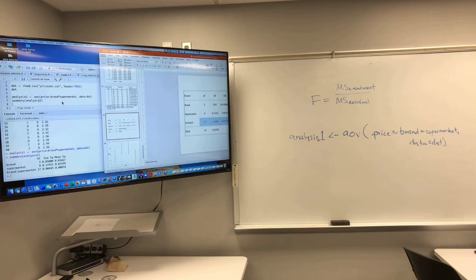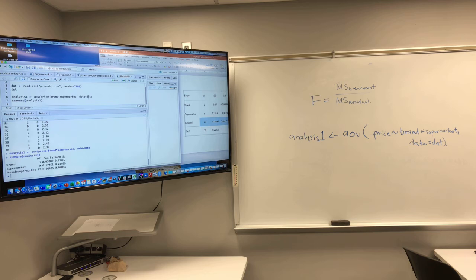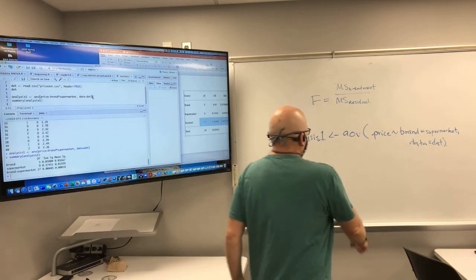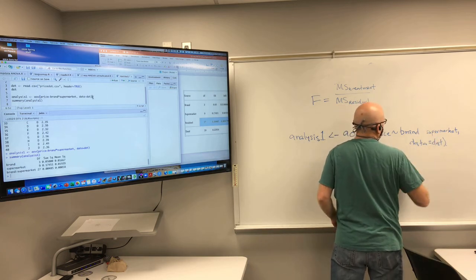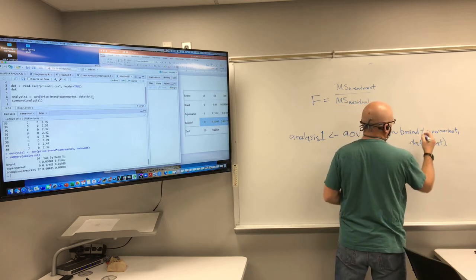So Chance, what are we going to change about this syntax to get it to give us a residual term? When we first did the two-way analysis of variance, I think it was Blaine who suggested that we specify the analysis as brand plus supermarket.